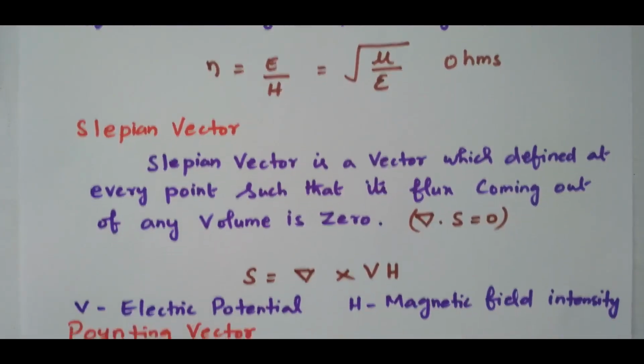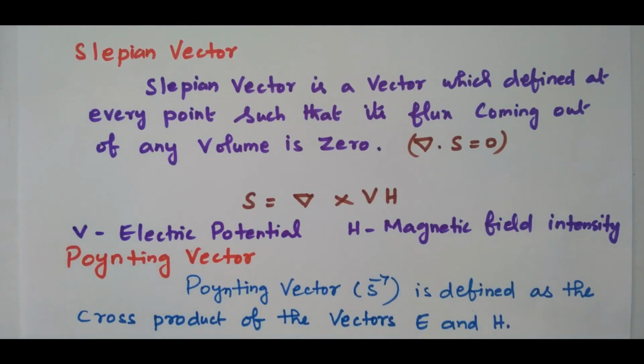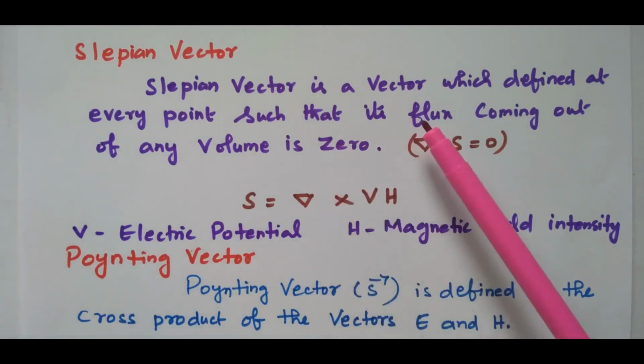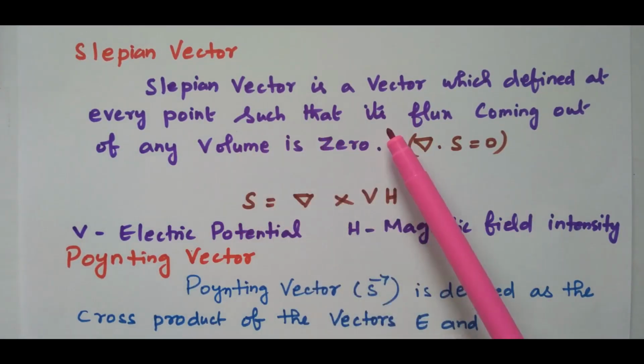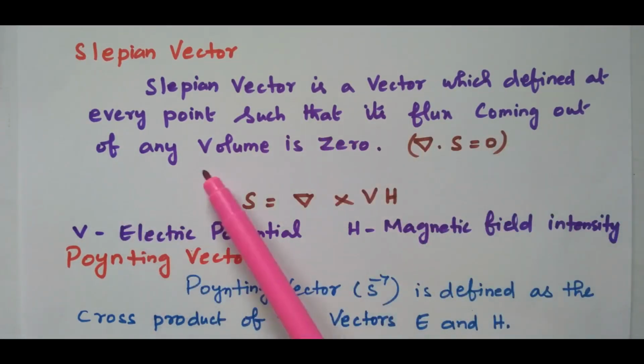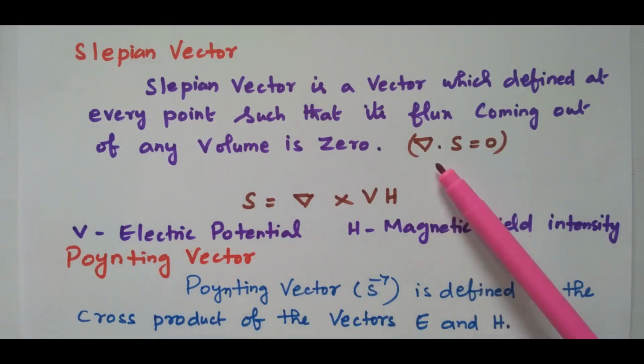Then we will see the Solenoidal vector. It is a vector which is defined at every point such that its flux crossing out of any volume is 0. It is termed as S. So del dot S equal to 0.